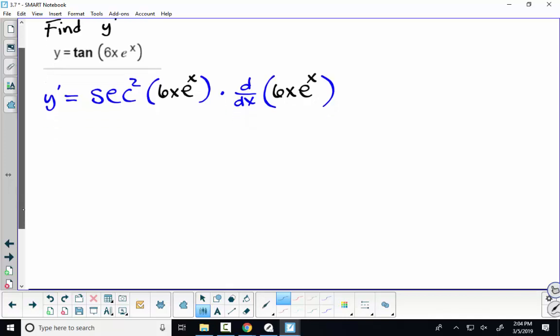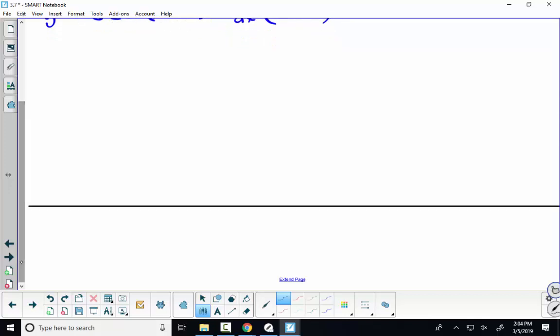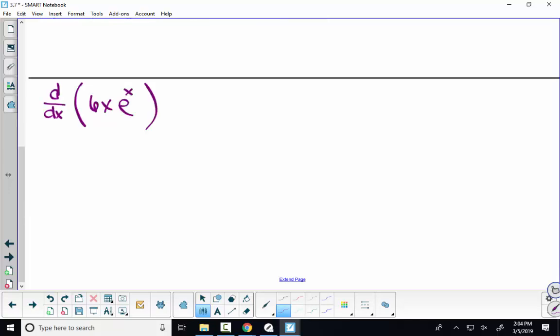Okay, so here we're going to find separately the derivative of 6x e to the x, like it's an entirely new function. Now we can start thinking about the product rule. It's a product of two functions of x. You can take the derivative of it as is, where the first is 6x and the second is e to the x.